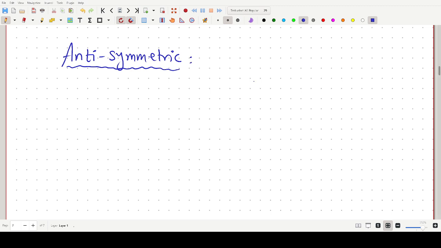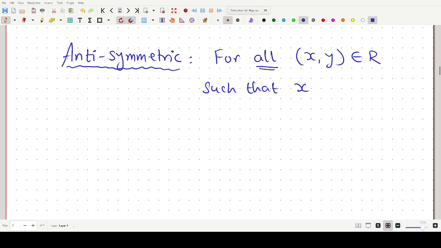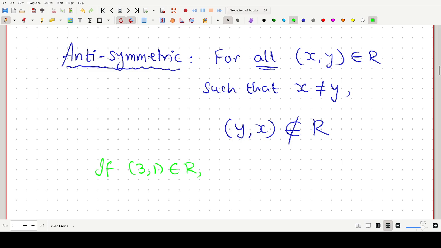Again here we shall have to look at all the pairs x comma y, exhaustive, belonging to R such that x is not equal to y, our y comma x must not belong to R. Which means that in our example, if let's say 3 comma 1 belongs to R, then 1 comma 3 must not belong to R, right?